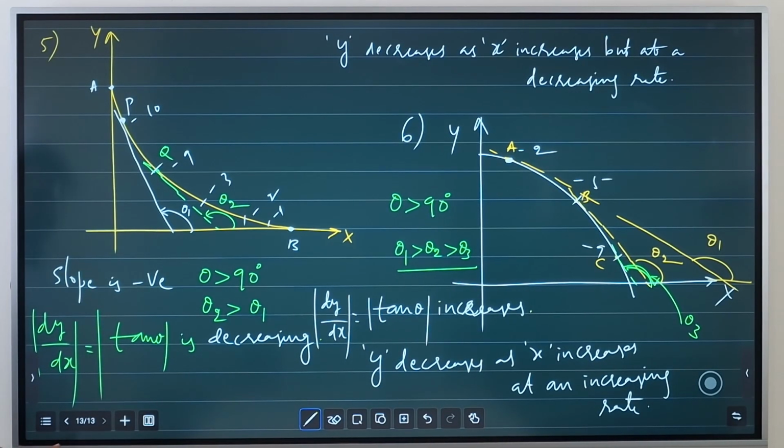Like this, we can have many shapes of graphs. Let's see two more.